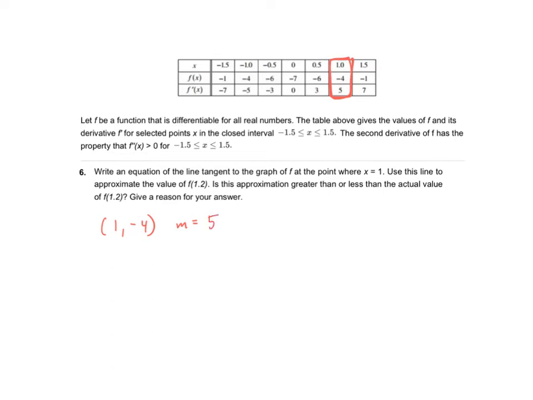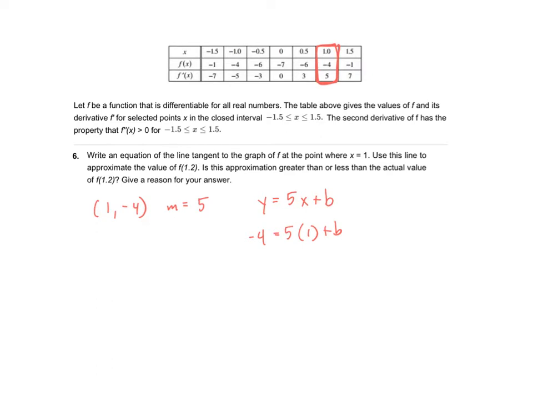So we'll do y equals mx plus b, and we'll plug in that point. And then we'll see b equals -9, and then we'll plug it back in. Okay, so that's the equation of the tangent line.